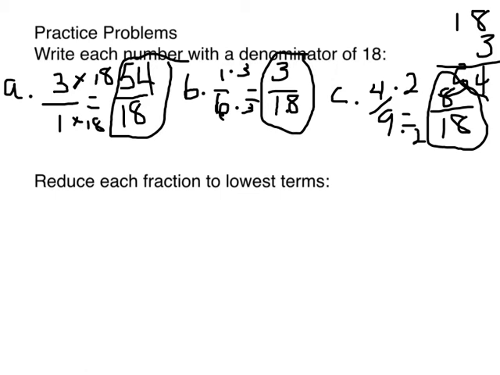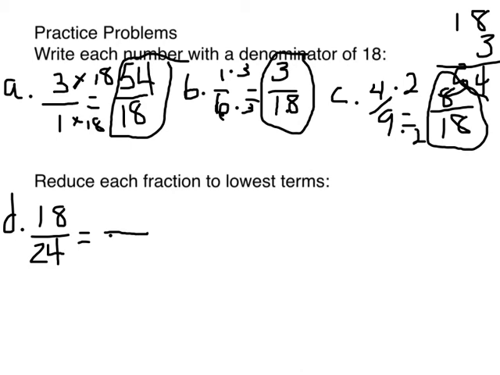Alright, and then D, E, and F say reduce each fraction to lowest terms. D is 18 over 24. Now for this, guys, you have to know those multiplication tables. If you know them cold, you're going to be able to look at this right away and say, 6 is the biggest number that will go into both of these. So I'm going to divide by 6 over 6.